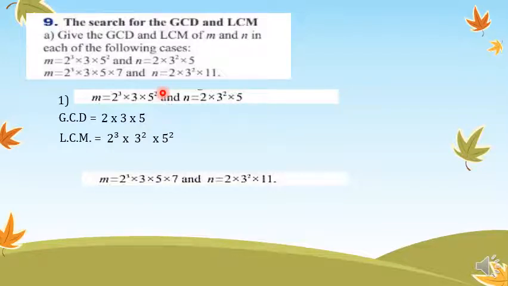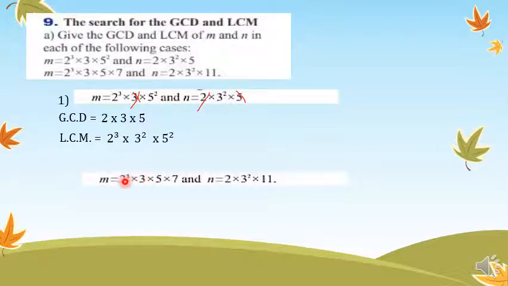Or if you want, you can take it in this way. For the GCD, I take 2, and I take here 3, and I take here the 5. So the LCM takes the remaining numbers, which are 2 cubed times 5 squared times 3 squared.